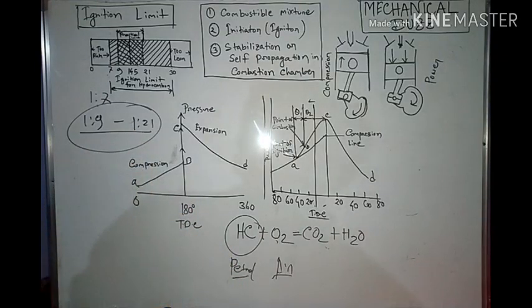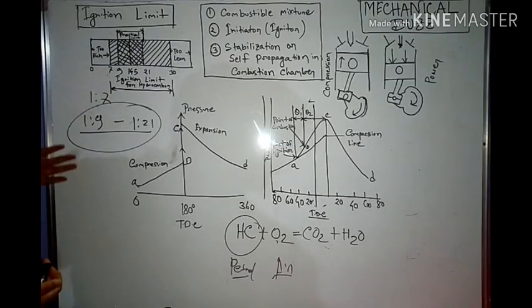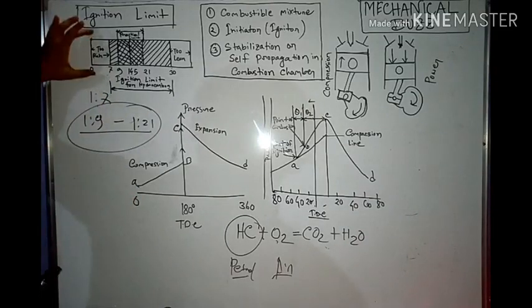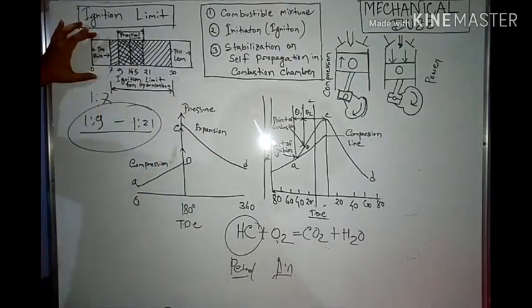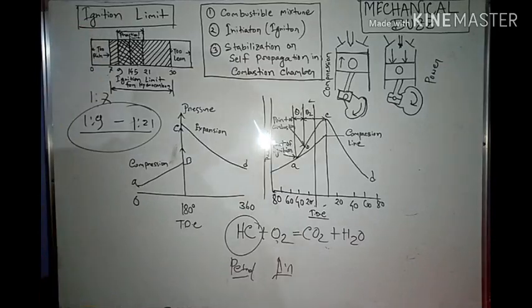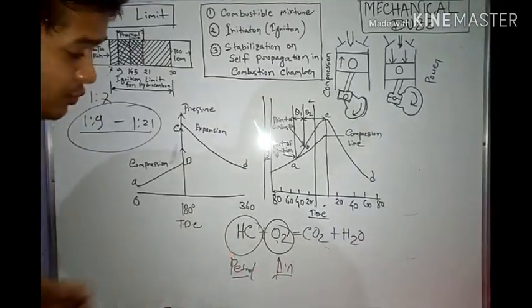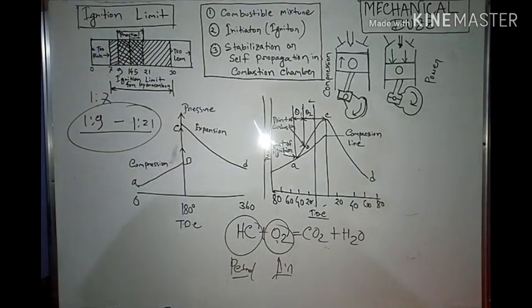And if it is too rich, it also can't burn, because the flame is not enough, and you have less oxygen to burn it. Without oxygen you can't burn it, whatever the combustible mixture is. You always need oxygen, because to a combustible mixture, oxygen is kind of like a wife. Okay, whatever.